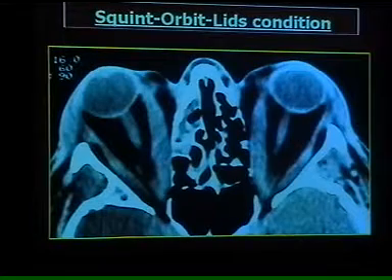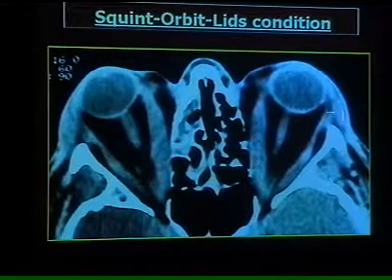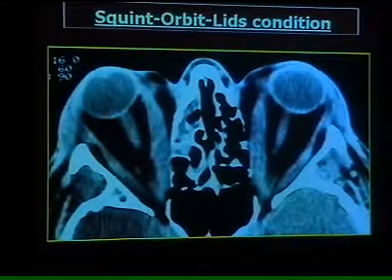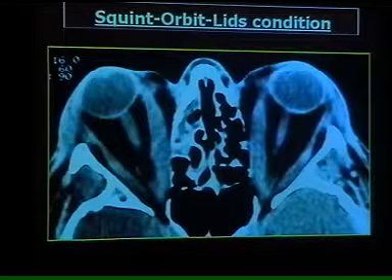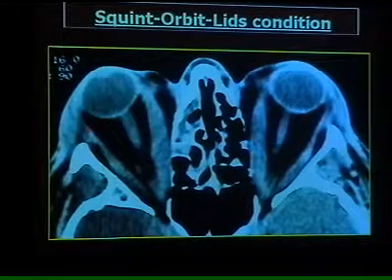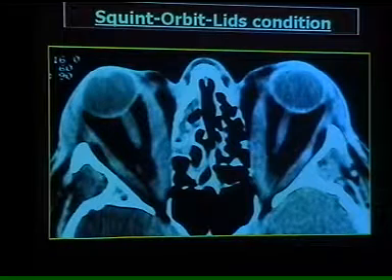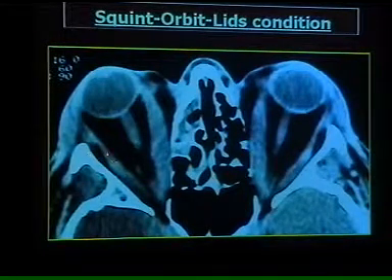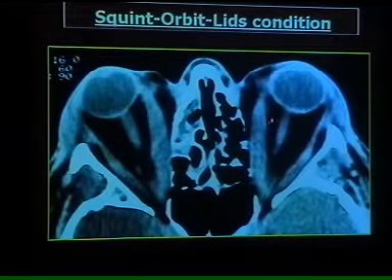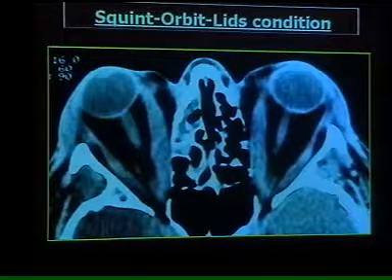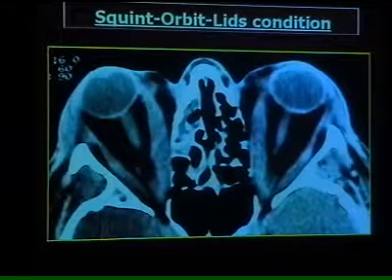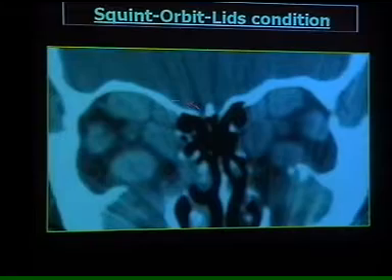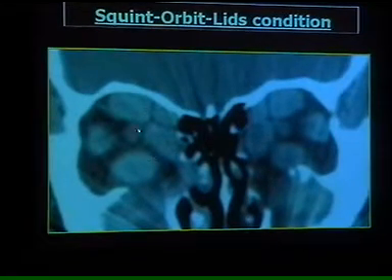Now this is a CT scan of thyroid eye disease. Not only can you see that the eyeballs are proptosed, the muscles are very grossly thickened. The medial rectus is thick, lateral is less. You can see all 4 muscles. This is the optic nerve.